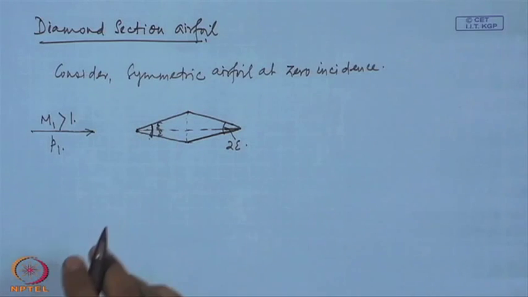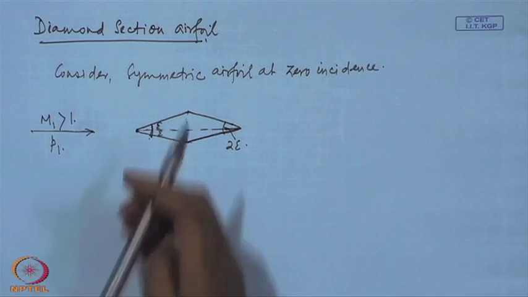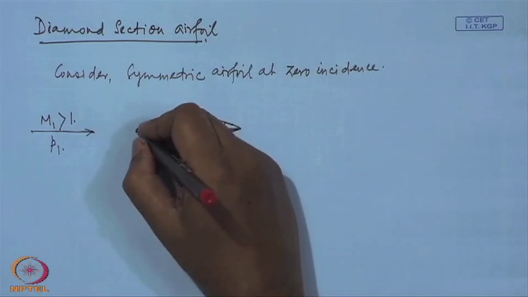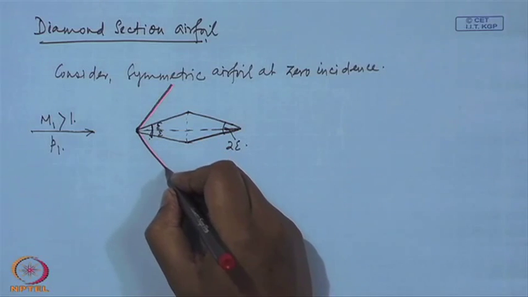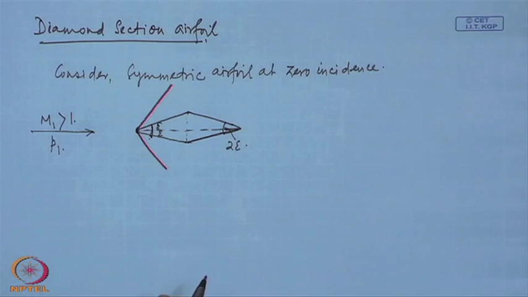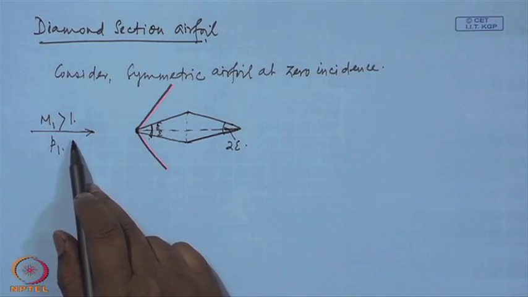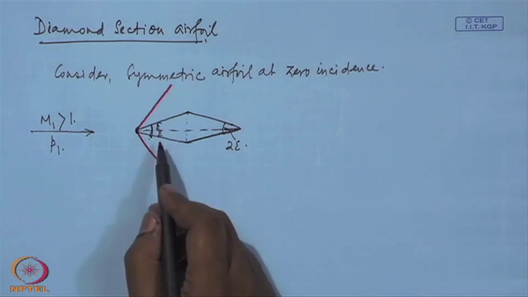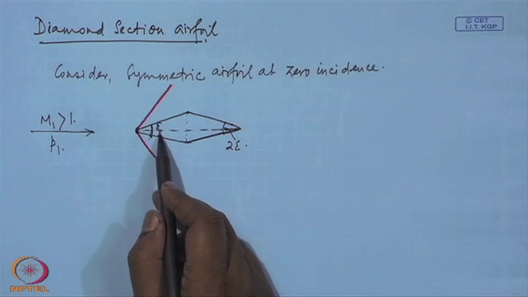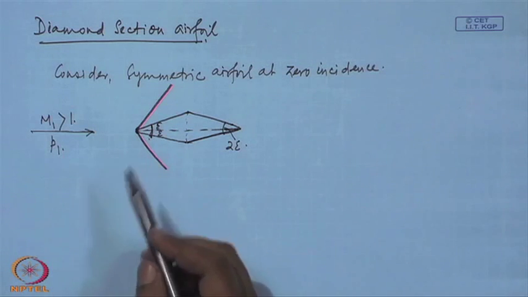Now, see that, as we have discussed earlier, here the flow will turn and become parallel to the wall through a shock, and on both surfaces this will be a shock in this case. However, whether it is a shock or an expansion fan will depend on the amount of turn that the flow will undergo. So, in case this airfoil is at an angle of attack and that alpha is such that this becomes an expansive turn, in that case there will be an expansion fan here.